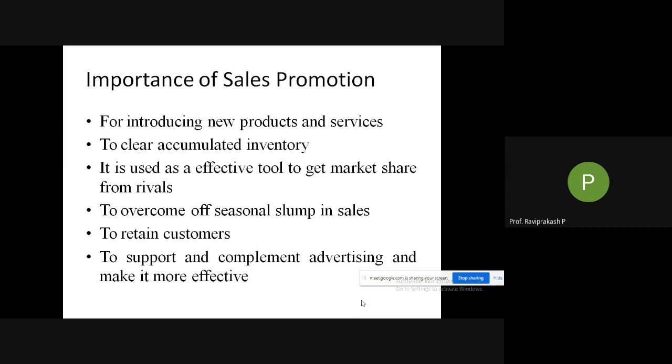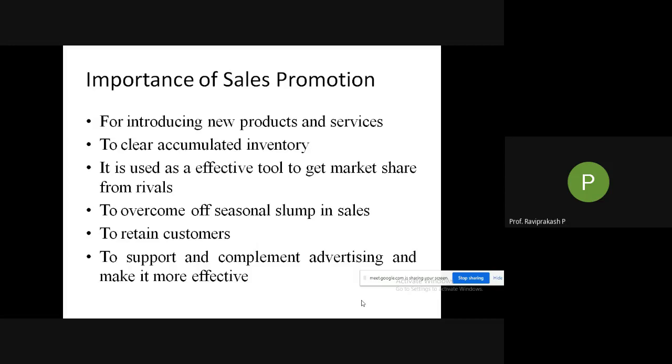So we never know. When you're buying a seasonal product, and if you are not able to sell everything, that's again accumulated inventory. So even to sell that in non-seasonal time, we are having a lot of discounts. Then to retain customers.